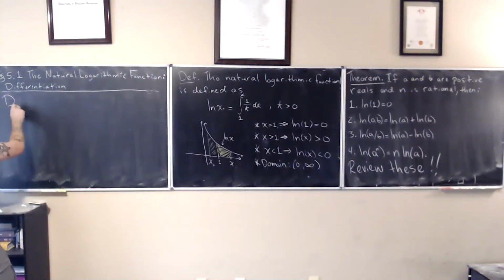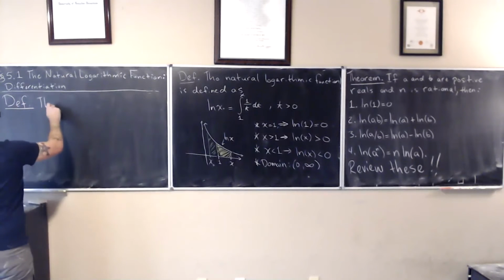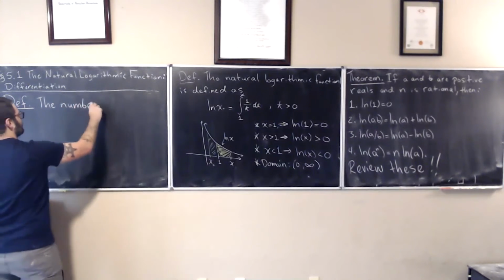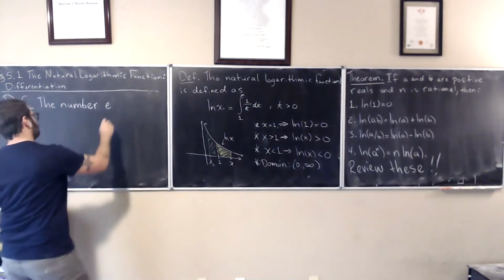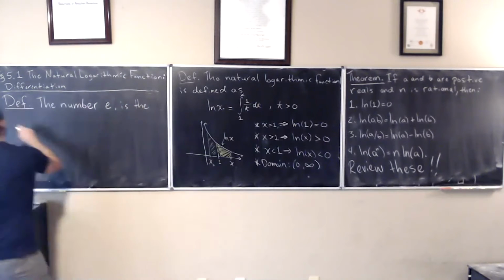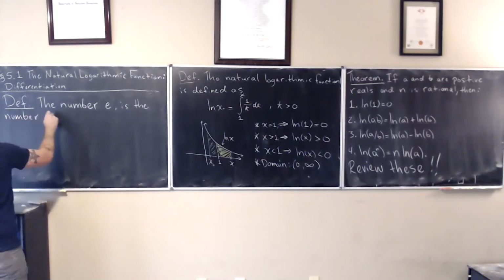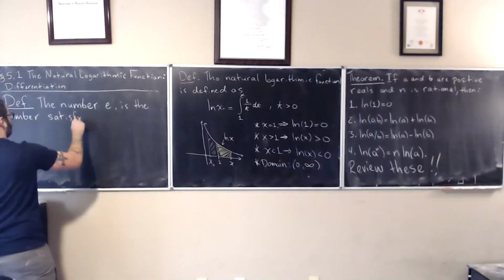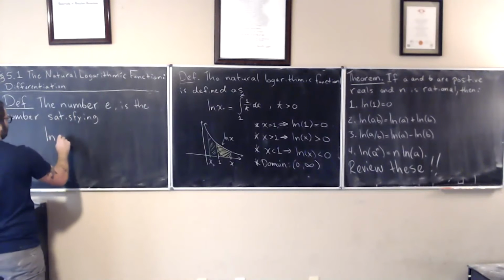So this is Euler's E. So the number E, and this is one way to define it, is the number satisfying this equation.